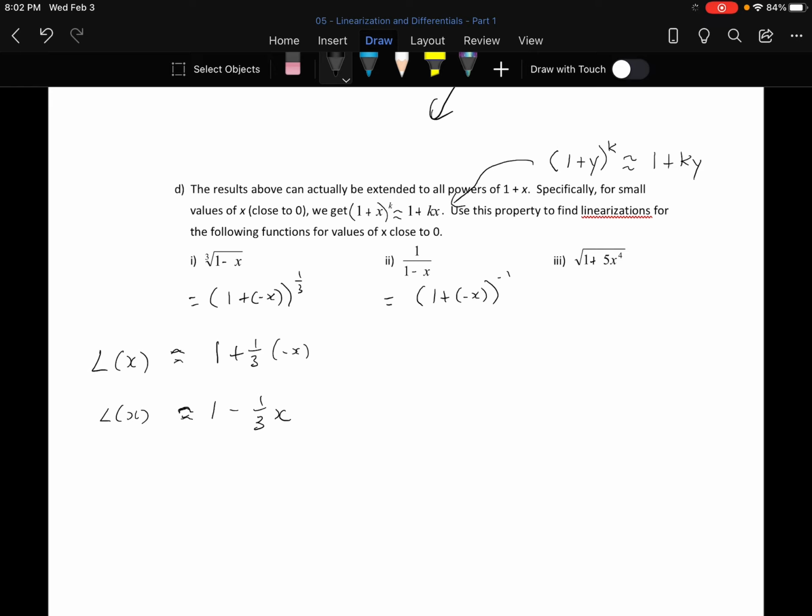Now I can use that as my y value and use that formula. The k value is negative 1. So the linearization is 1 plus the k value, which is negative 1, times the y value, which is negative x. Those two negatives nicely cancel. How cool is that? And so what I get here is a linearization that's all the way back to 1 plus x.